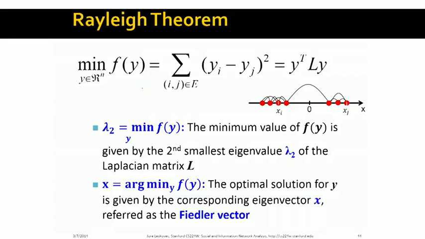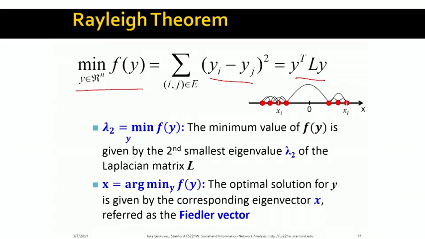So our original minimization problem, which was this f of y, where we said let's minimize the sum of the discrepancies of labels of nodes at the edge endpoints, is simply y transposed, our Laplacian matrix L, times y.